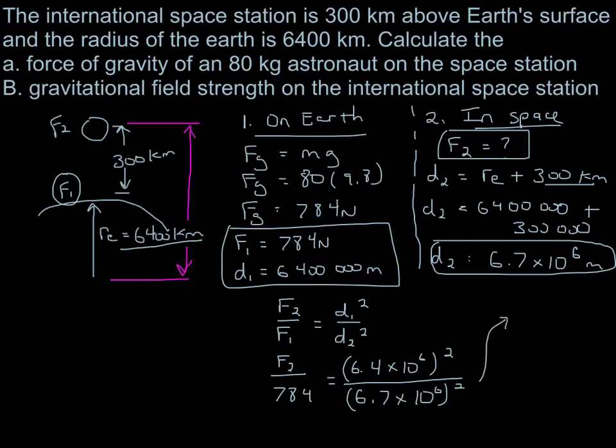When I divide those things, I'm going to have to end up multiplying by 784. If I solve for F2, that's about 715 newtons, approximately. For significant digits, I guess we should round that a little bit.